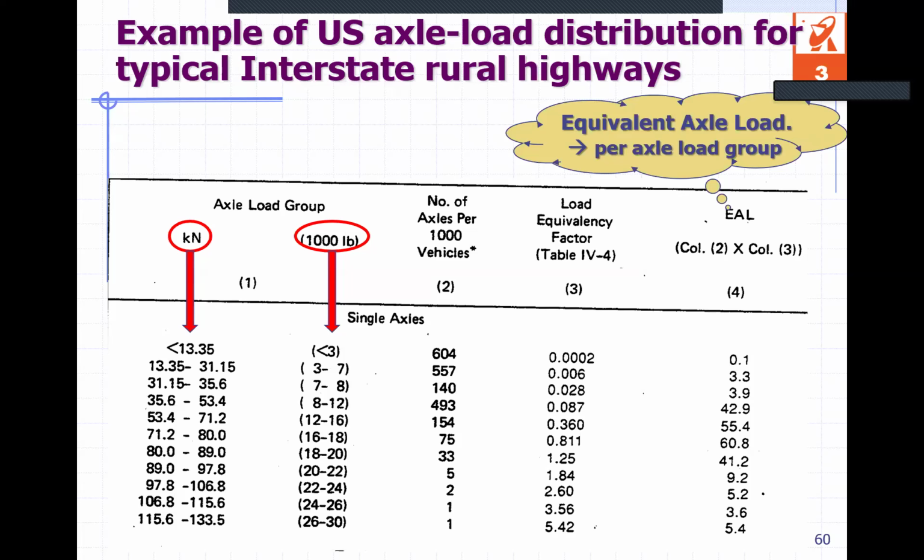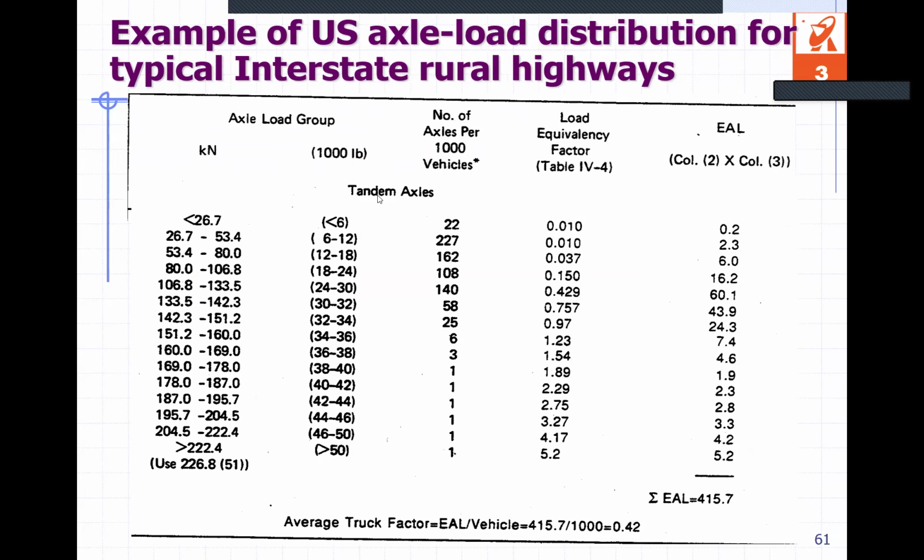So at the beginning of the class, I told you about the third method, that is the axle spectrum. This will be an axle spectrum. You have every axle type, the weight on the axle, and the amount of damage of the axle. If you notice, this one is only single axles. You will have something similar for tandem axles.